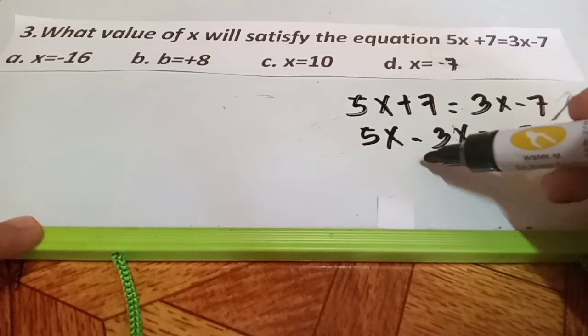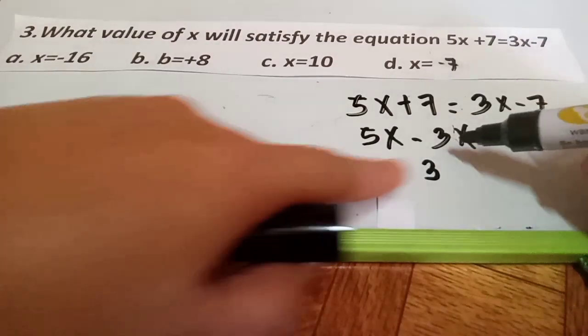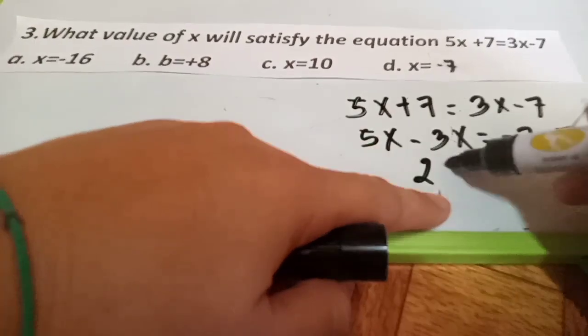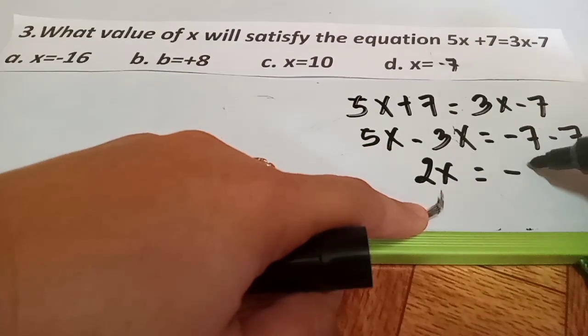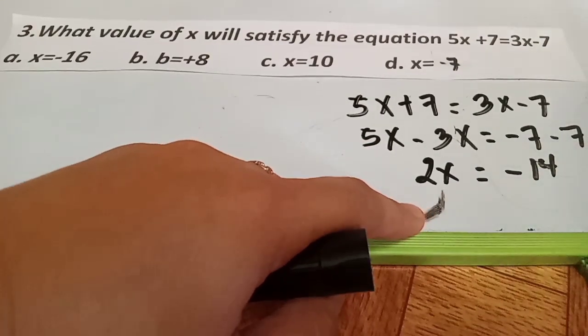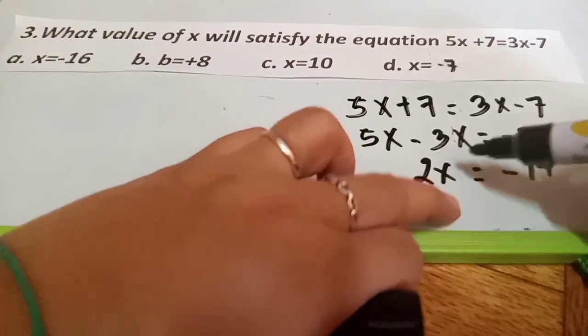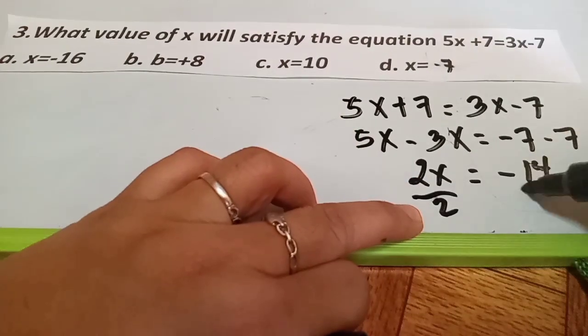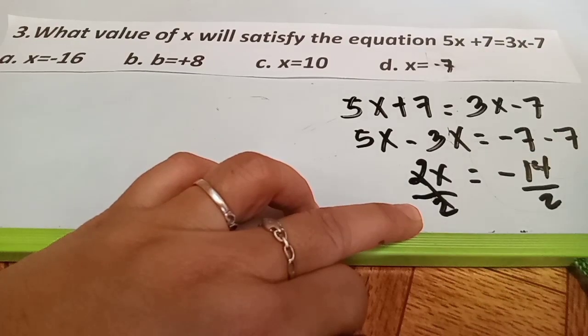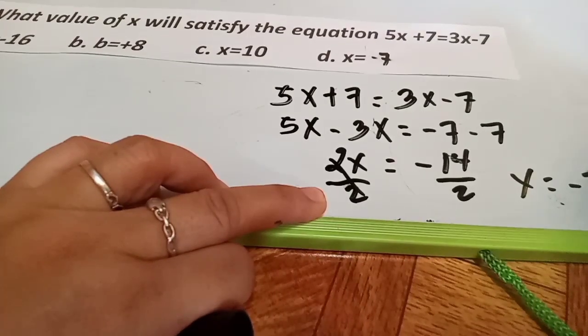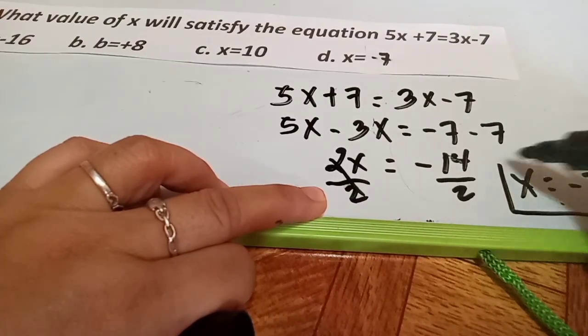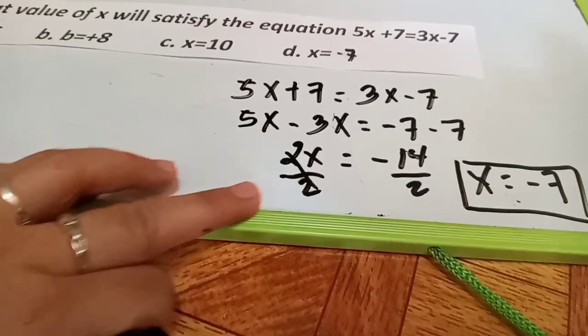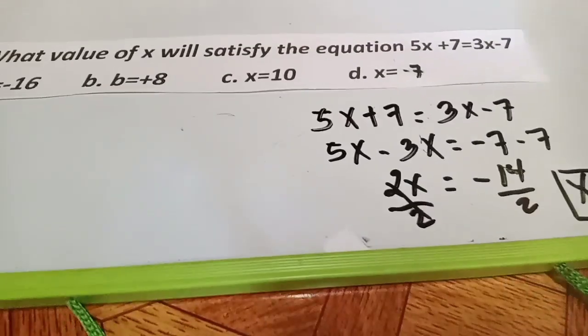So 5x minus 3x will become 2x, and this will become negative 14, right? So divided by 2, x will become negative 7. So the final answer is negative 7. Okay, let's try to check this one.